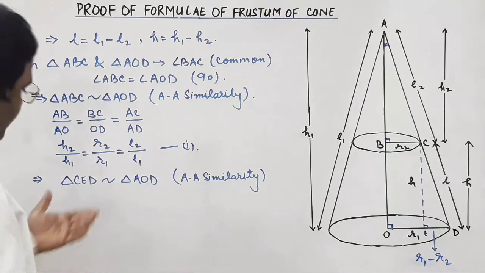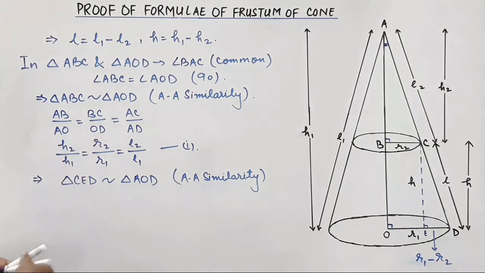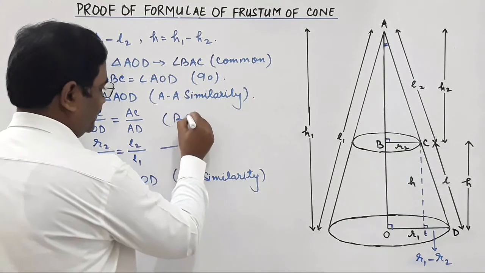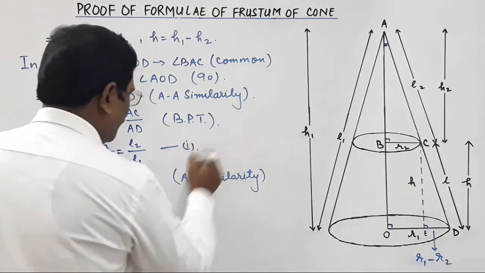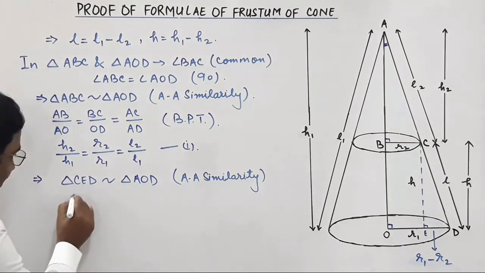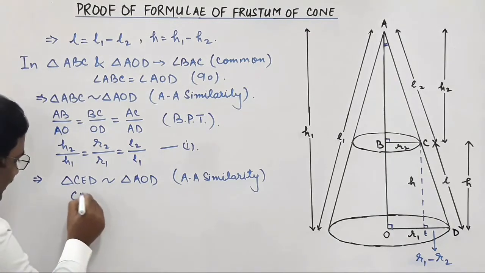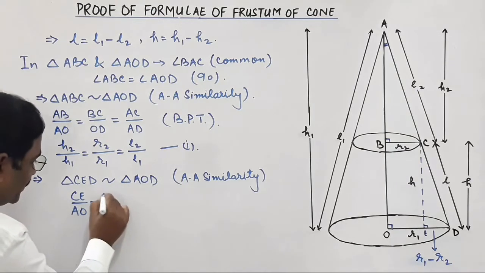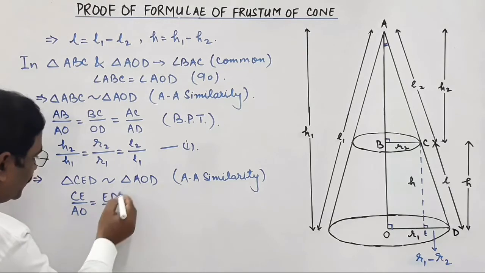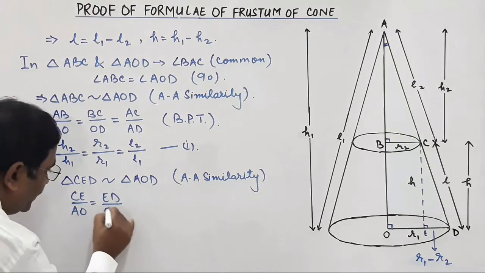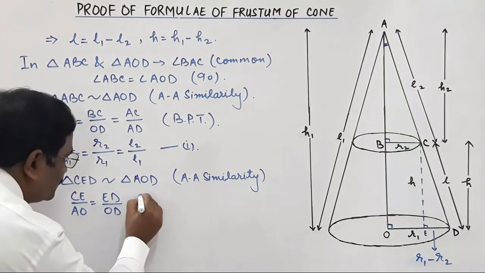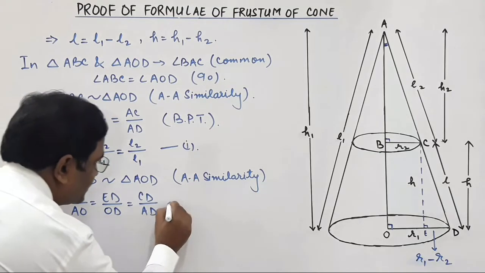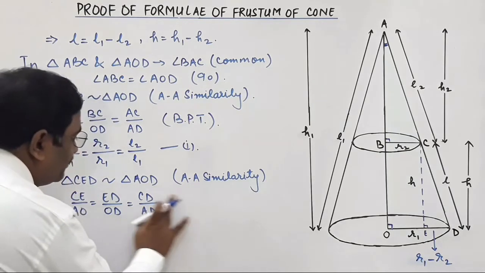So as the two triangles are similar, by the basic proportionality theorem you can write CE upon AO is equal to ED upon OD equals CD upon AD. Say this is by BPT.